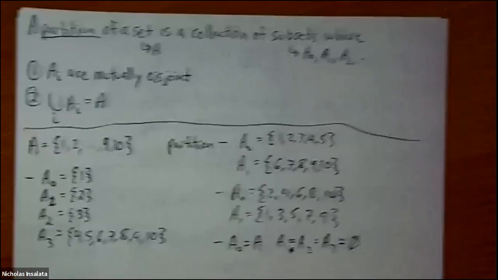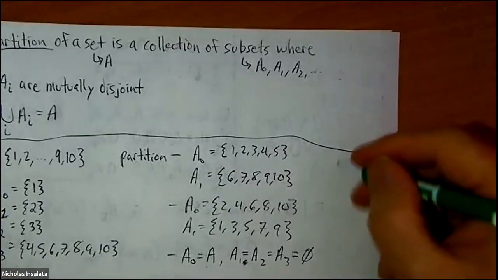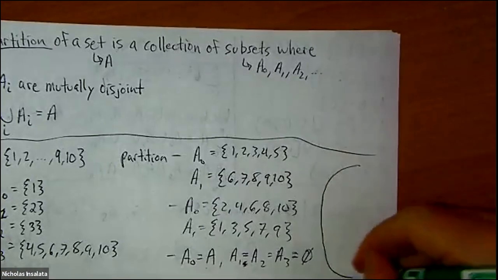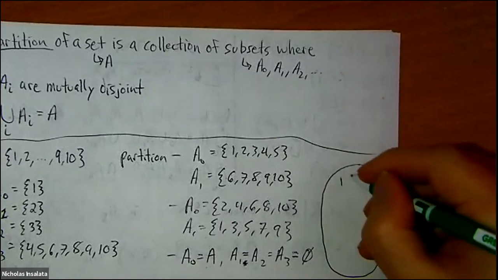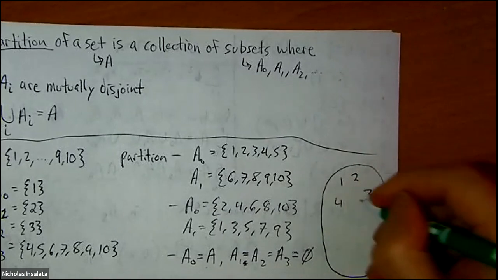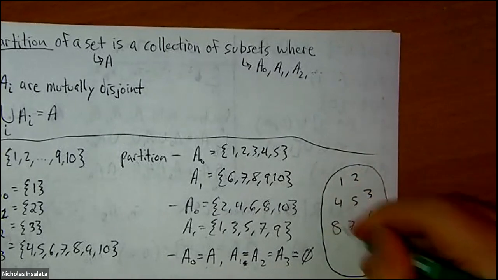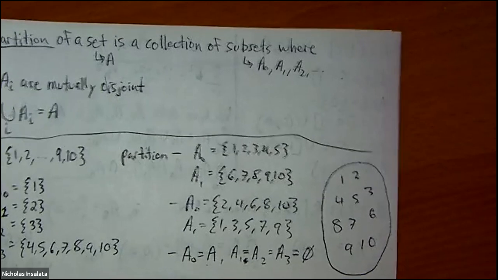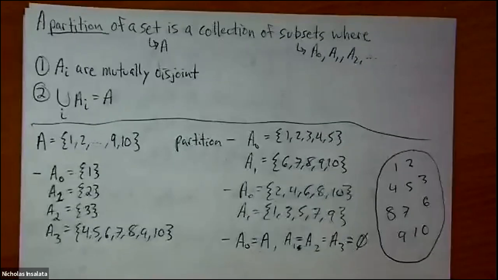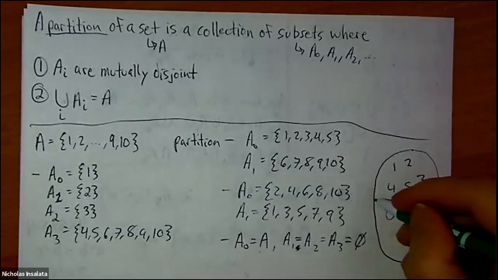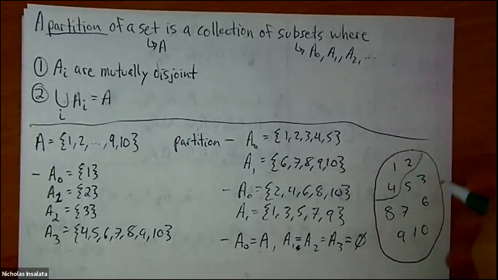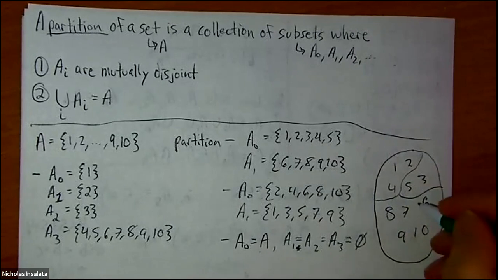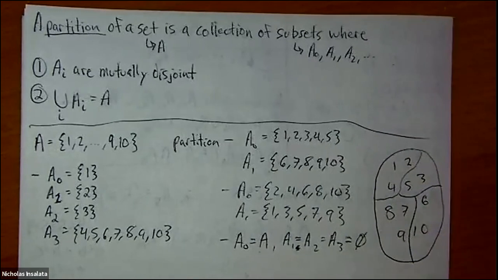So if I had this set, 1, 2, 3, 4, 5, 6, 7, 8, 9, 10, I want to divide this up into 4 parts. The way you can think about that is just segmenting the area, dividing it up into parts. So maybe I could do it like this. There's a part, and there's a part.